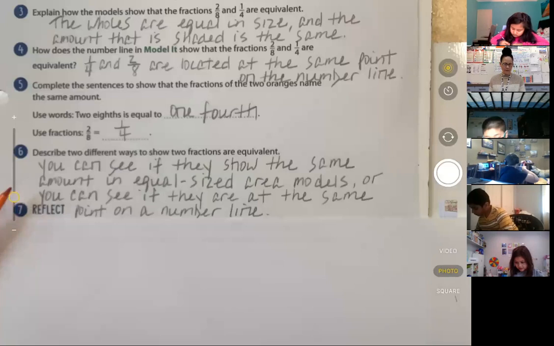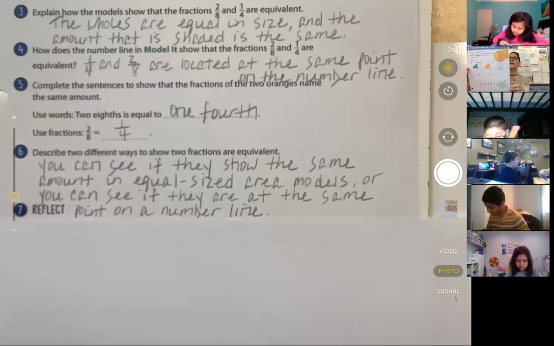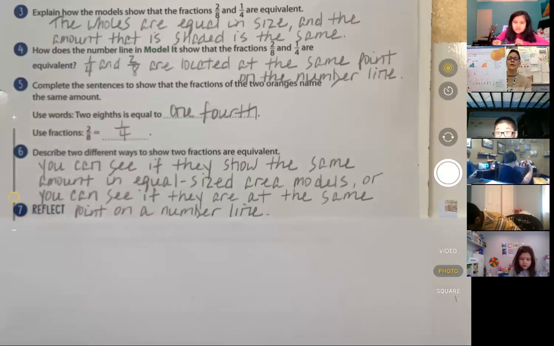And I want you to go back, for example, to these two that I drew on page 499, where again, you are seeing it is the same amount in those equal sized area models, or it is the same point on a number line. That is how you show equivalency.